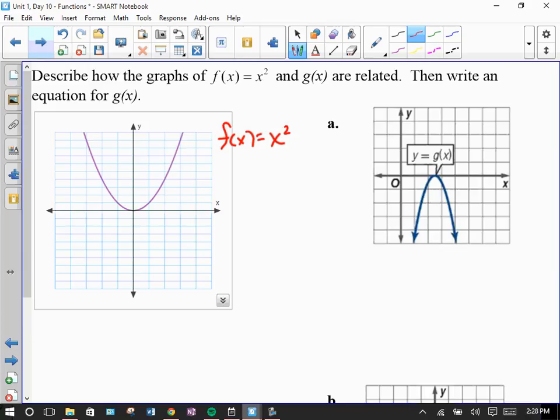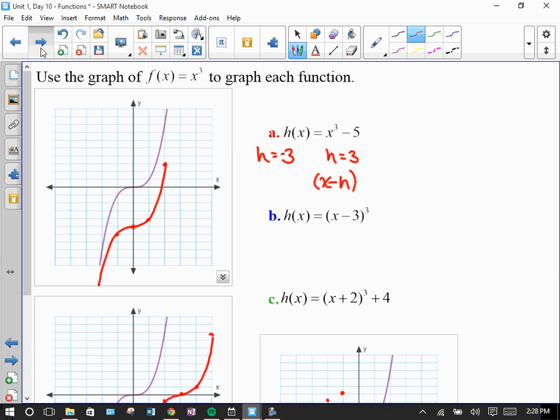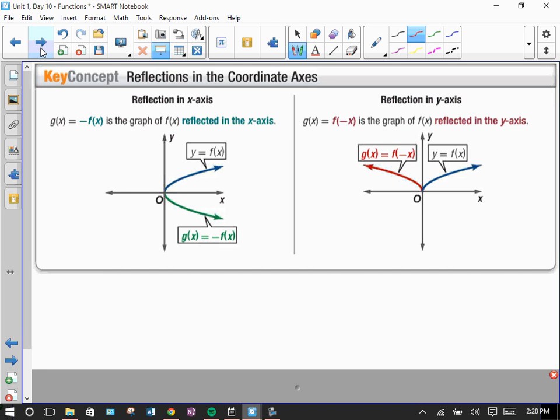It flips. It flips across which axis? To reflect across the x-axis, you take f of x and make the whole thing negative. To flip it across the y-axis, you take all the x values and make them negative.